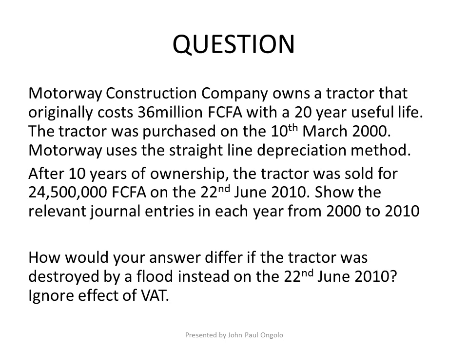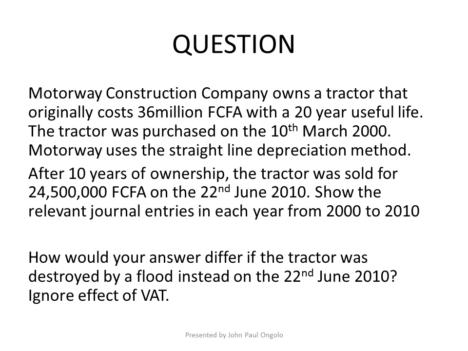After 10 years of ownership, the tractor was sold for 24,500,000 francs CFA on the 22nd of June 2010. Show the relevant journal entries in each year from 2000 to 2010. How would your answer differ if the tractor was destroyed by a flood instead on the 22nd of June 2010?